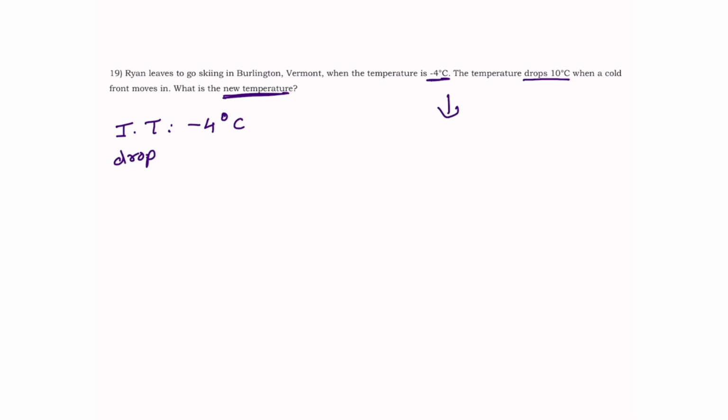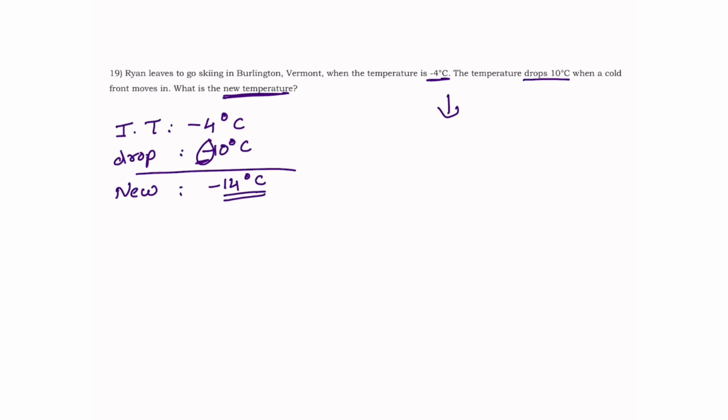So the drop was how much? Minus 10 degrees. I'm putting a minus sign here because it's a drop. Okay, so we are supposed to find the new temperature. So how do we find this? You simply add these two and you get minus 14 degrees Celsius, right?